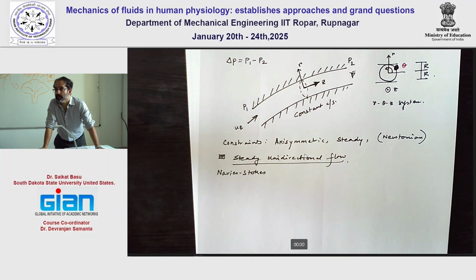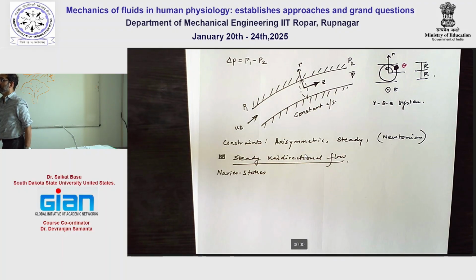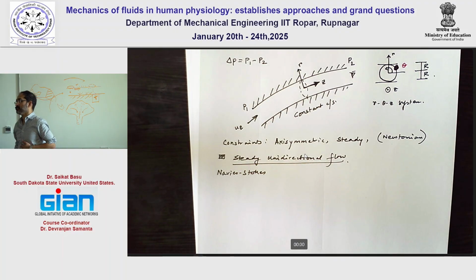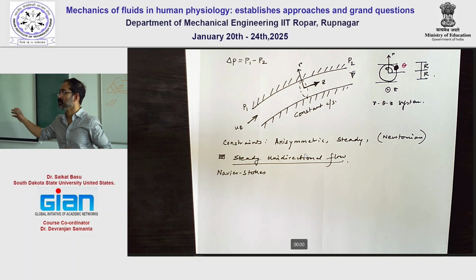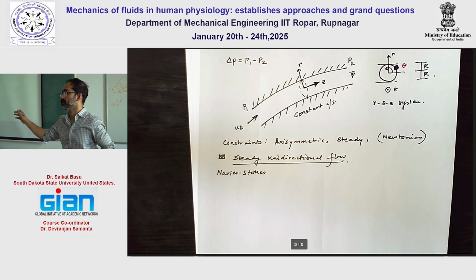Yes. Are we assuming that the radius of curvature of that channel is sufficiently large, since we are using simple coordinates? Say again, the radius of curvature is large enough? Yes. But the channel is a curve.